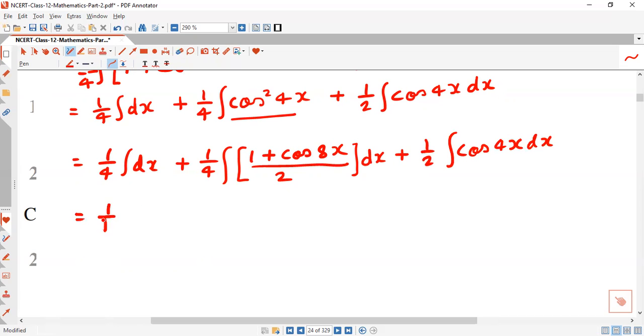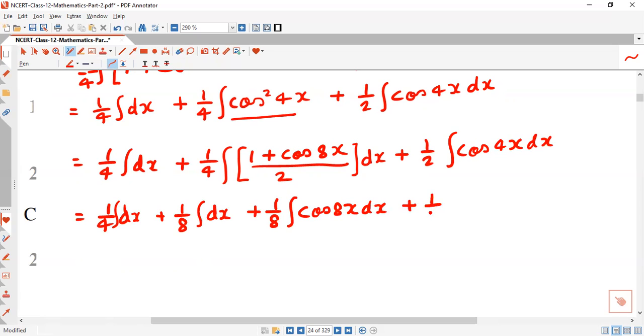You see 1 by 4 dx plus 1 by 8 integration of dx plus 1 by 8 integration of cos 8x dx plus 1 by 2 integration of cos 4x dx.